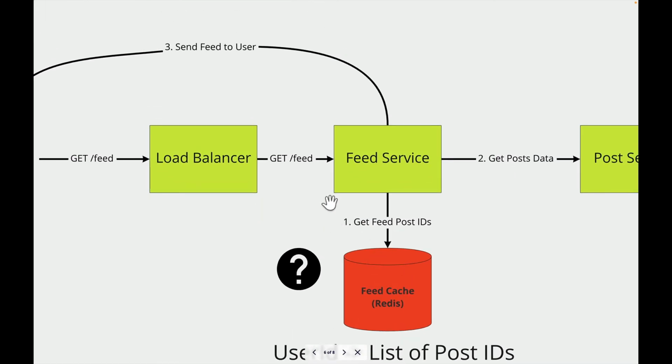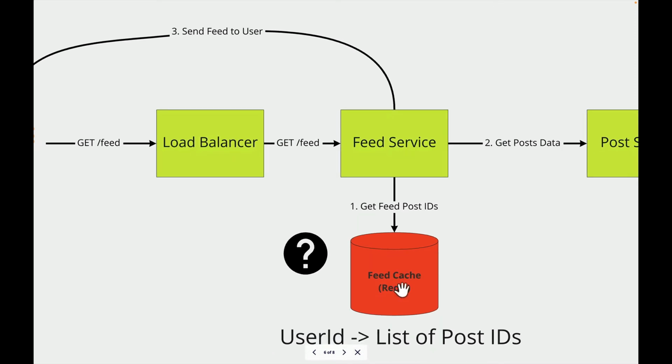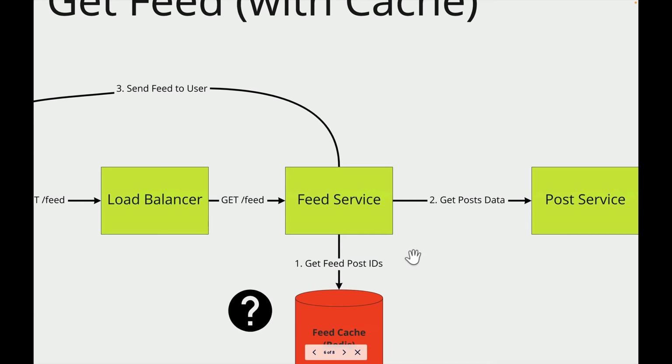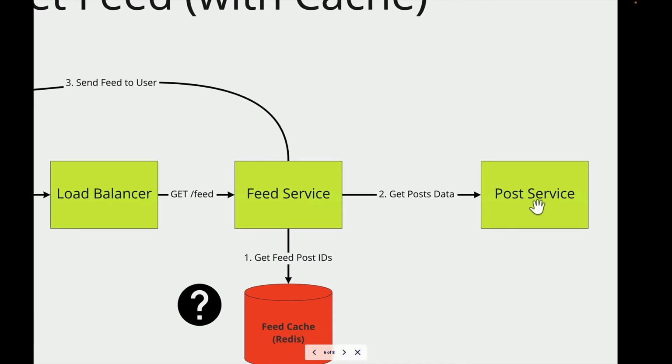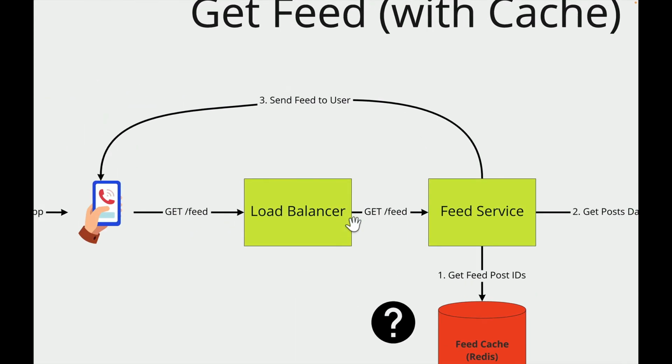Now, whenever the user makes a call to the feed service with the user ID, all the feed service does is get the list of post IDs from the cache, which is very quick, and then make one HTTP call to the post service, giving it all these post IDs and getting the post metadata back. Once it has all the post data, it goes ahead and sends it to the client.